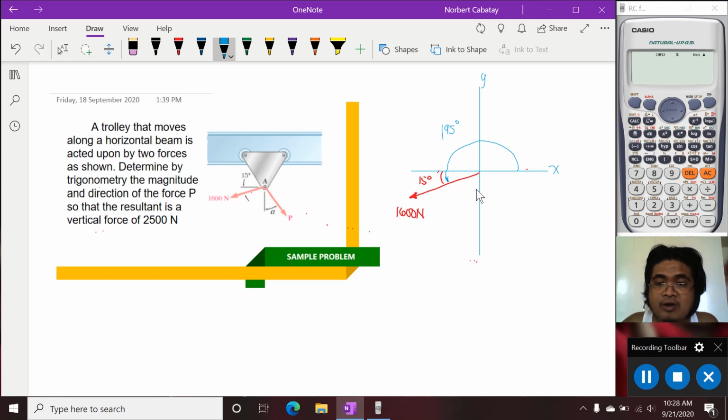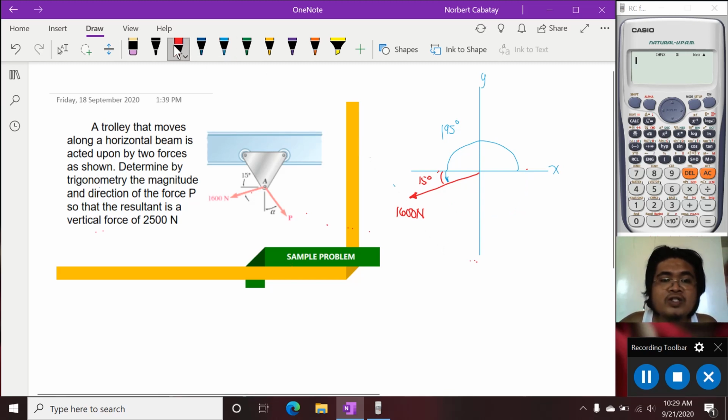Or measure it here: 180 minus 15 is 165. So you can measure it there.